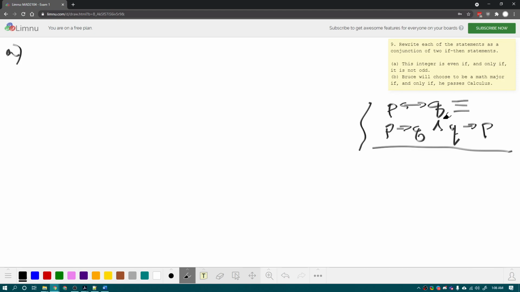And I'll show you, the answer sort of writes itself. So I'm going to write the predicates out before I start on the problem. I'm going to say P is equal to the integer is even. And Q is the integer is not odd.